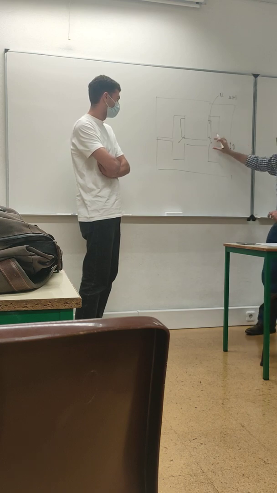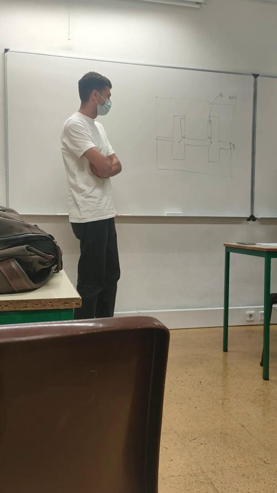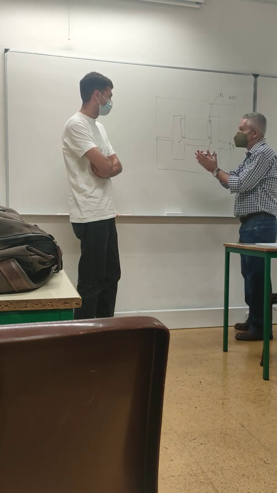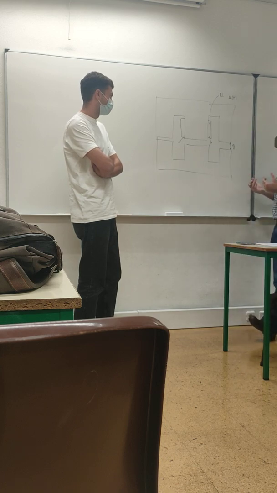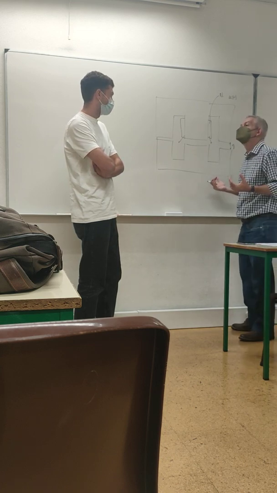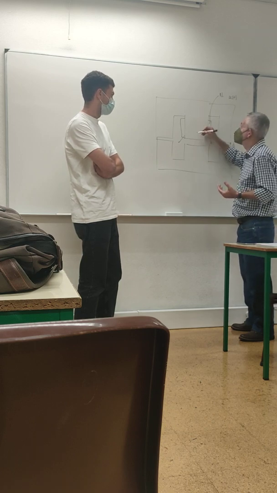This air gap, of course it's uniform, can have a certain distance. So, you want to know the B here. The first thing you do is what? What is the B? And the magnetic circuit, like that.